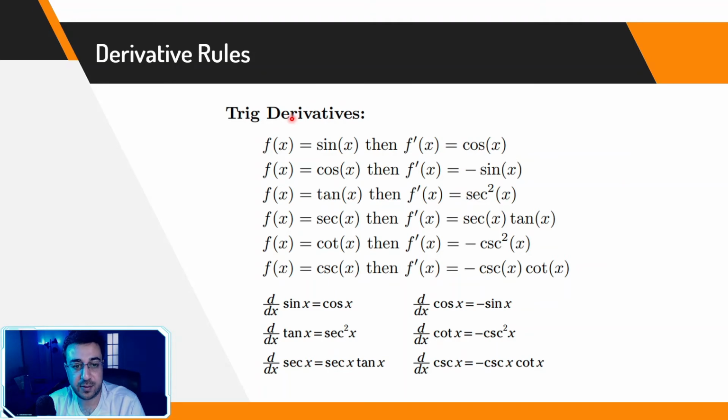Now for the trigonometry derivatives. F of x is sine of x. Then what's the f prime of x? That's something you need to keep in mind or keep on a side paper to use whenever needed. It's good practice to have a table of derivatives for certain functions, like the trigonometric functions. Those derivatives have been proven, as I told you, and it is shown that the derivative of sine of x equals cosine of x.